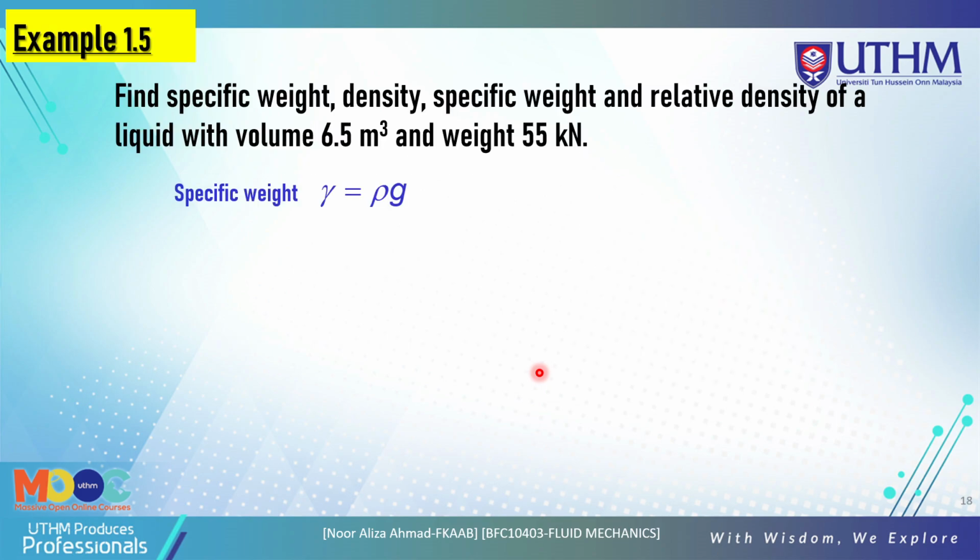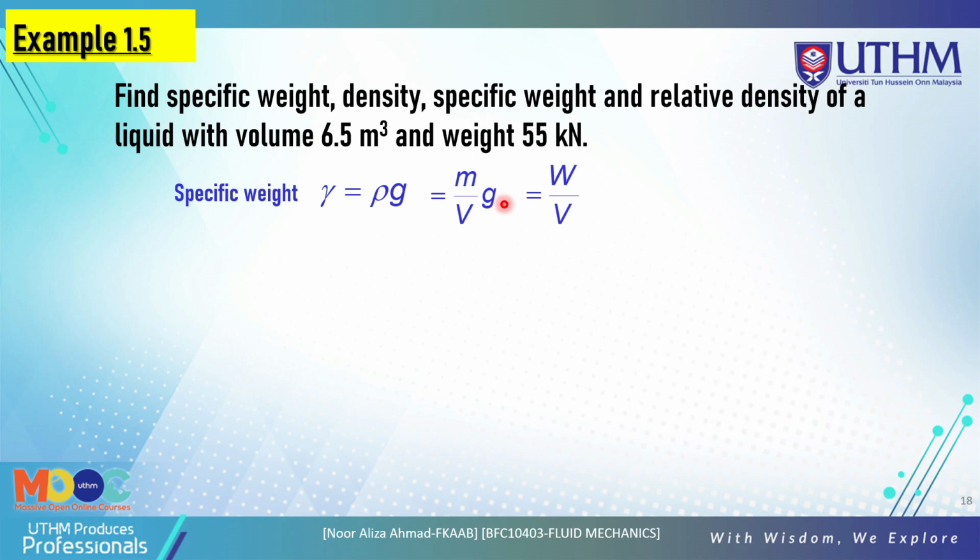Now we look at the calculation to find the specific weight, density, and relative density of a liquid with volume 6.5 meter cube and weight 55 kilonewton. We know that the specific weight is equal to density times g, or m over v times g, or w divided by volume.